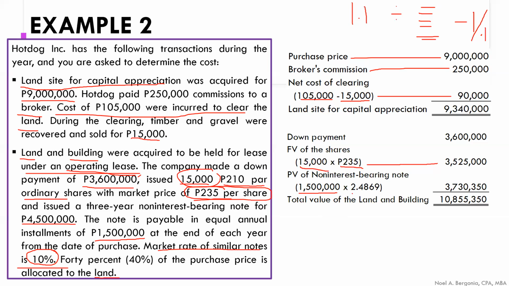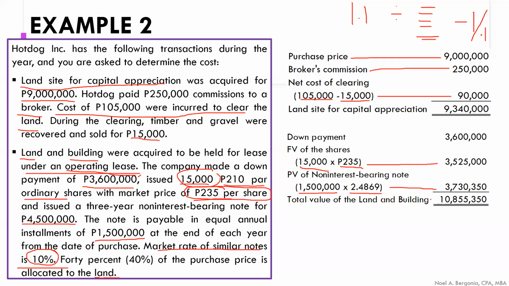So lalabas po, it's 2.4869. So multiplying it with the annual installment, then the present value of our non-interest bearing note is 3,730,350.